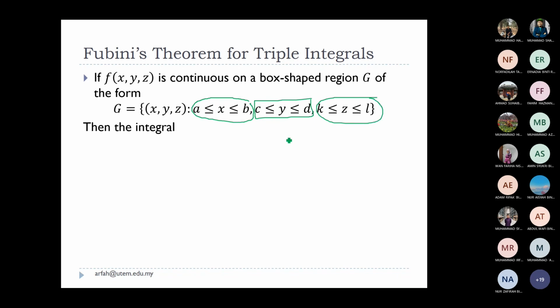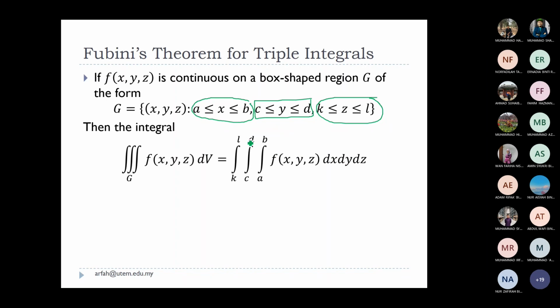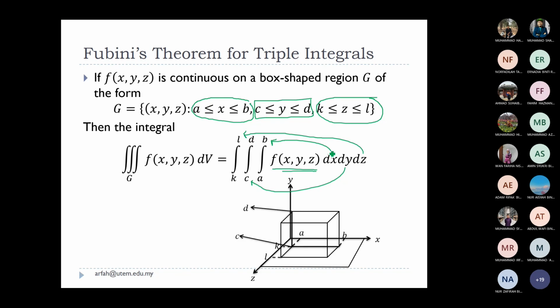So we would like to find the triple integral for this function, meaning that from this function you just directly find the integration over dx taking the limits from a up until b, and then dy taking the limits from c up until d, and dz taking the limit from k up until l.